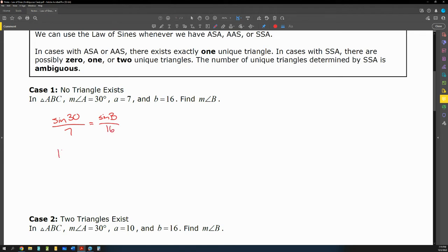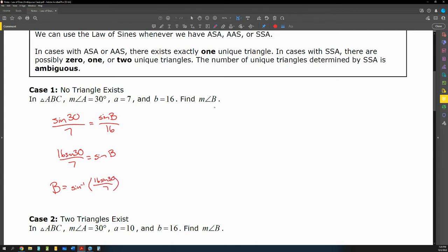Cross multiplying, we get 16 sine of 30 all over 7 is equal to the sine of B. Or at least, multiplying both sides by 16. And then, in order to get B by itself, we have to take the inverse sine of both sides. So we get B is equal to the inverse sine of 16 sine 30 all over 7. Okay?